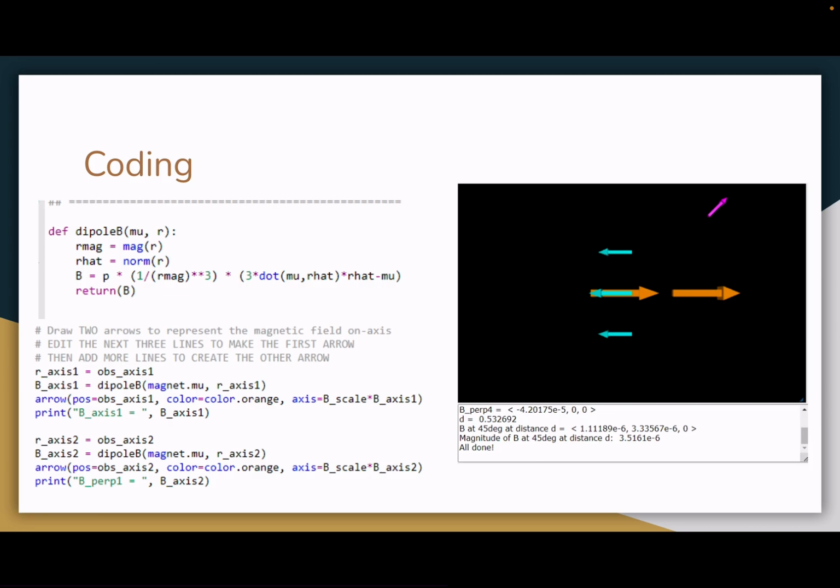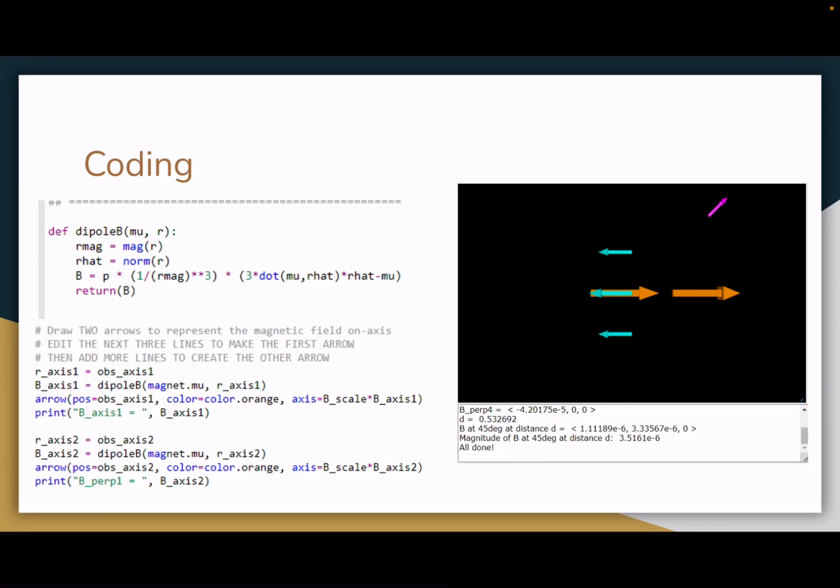So we had to define R axis and the B axis, and that'll give us the arrows in the first direction. And then R axis in the second and B axis in the second will give us a second pair of arrows. And then we can see that B perp is equal to negative 4.20175 e to the minus 5. D is equal to 0.532692.